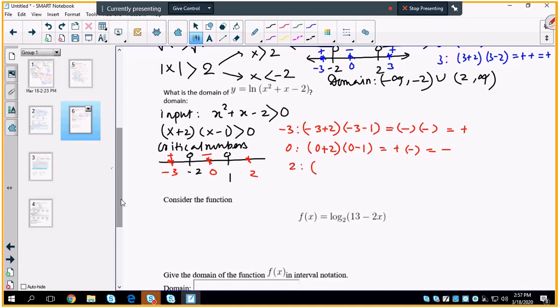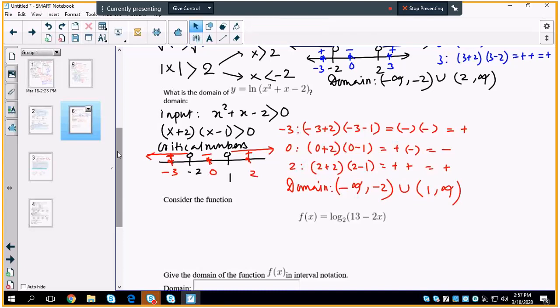For 2, I get 2 plus 2 times 2 minus 1, and both of them are positive. The total sign is positive. You wanted positive for your domain. So these are the two intervals you will take. And I will say the domain of this logarithmic function is negative infinity to negative 2, open, union 1 to positive infinity.